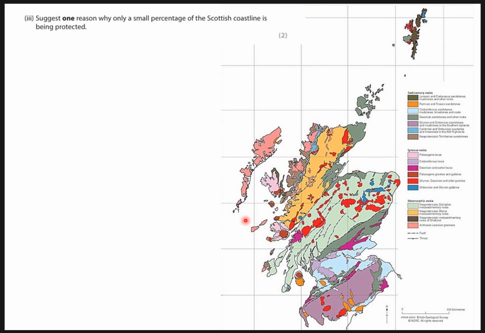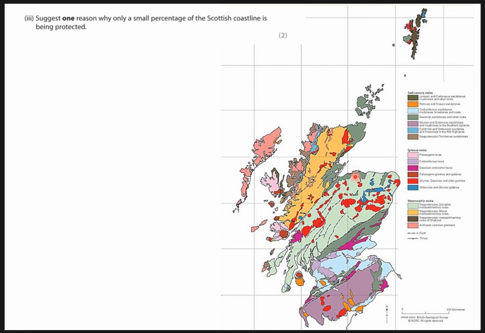So this is different from many parts of southern and eastern England, where there's more sedimentary rocks such as clay, chalk, sandstone. These are more common in these areas and they are eroded more easily. So Scotland has a rugged coastline with many cliffs, islands, remote areas. Large parts of the coastline are sparsely populated, which we'll get into in a moment, meaning there are few homes, businesses, roads, infrastructure that need protecting.